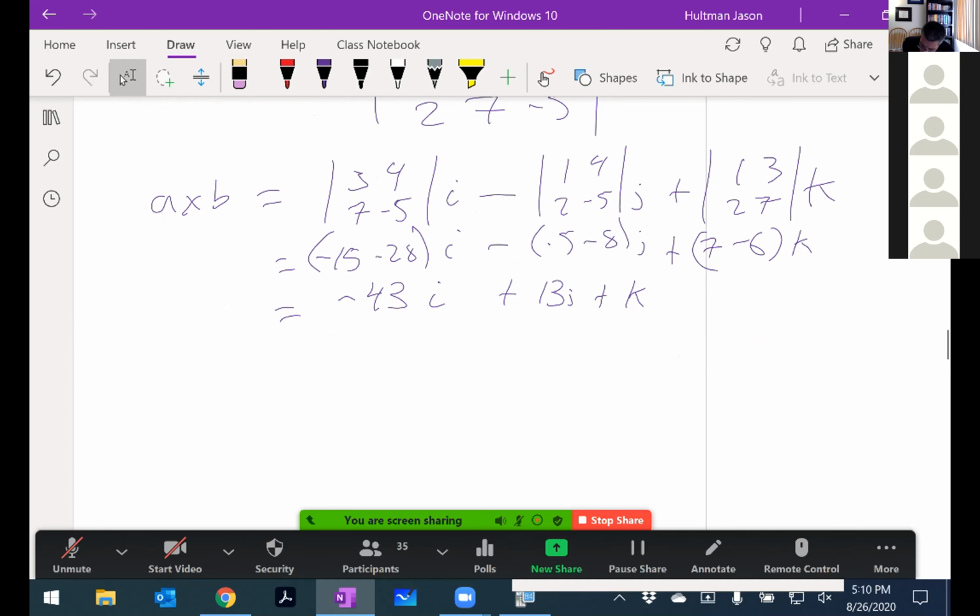Okay, and so what's the vector? What's the cross product? It's -43, 13 and 1. Okay, that's A cross B.